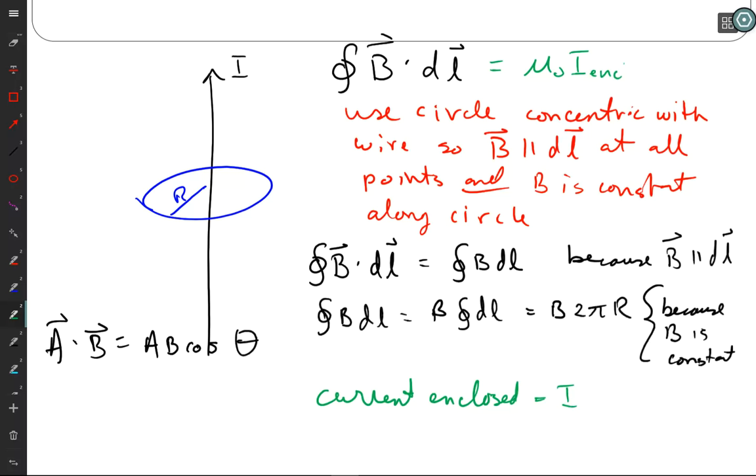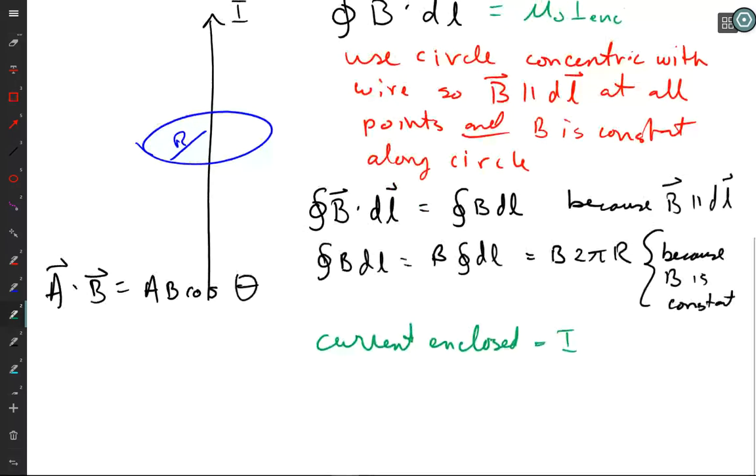If I had two wires, one going up and one going down, both carrying I, what would the current have been? If one's going up and one's going down, it adds to 0. So we just have to calculate how much current is going through.